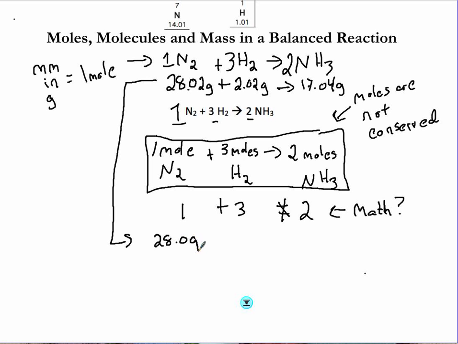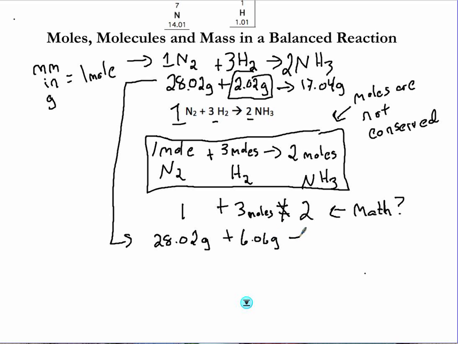Sorry about that. 28.02 grams of nitrogen. But now that I know I have 3 moles of hydrogen, I'm going to take this 2.02 and I'm going to triple it, right? 2.02 is the mass of 1 mole, so if I have 3, my mass is going to be 6.06 grams.